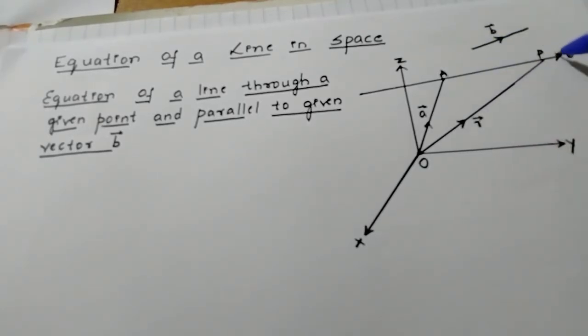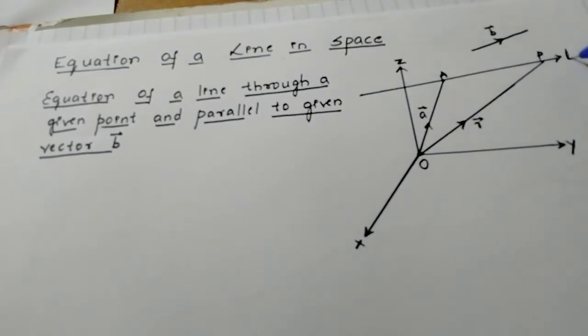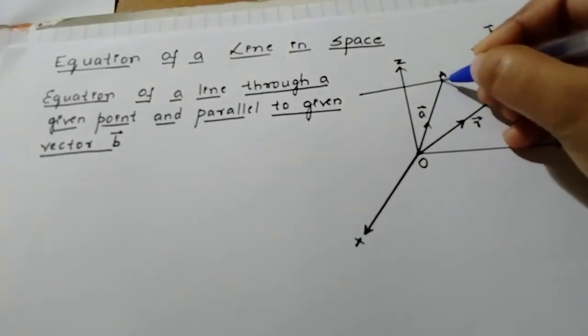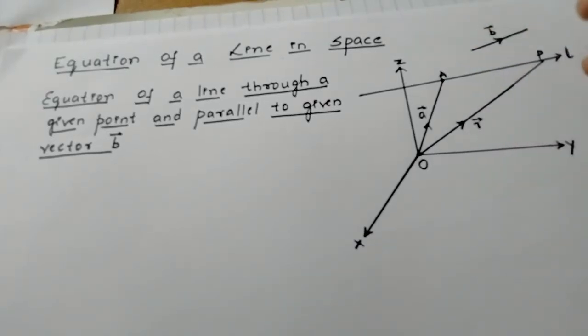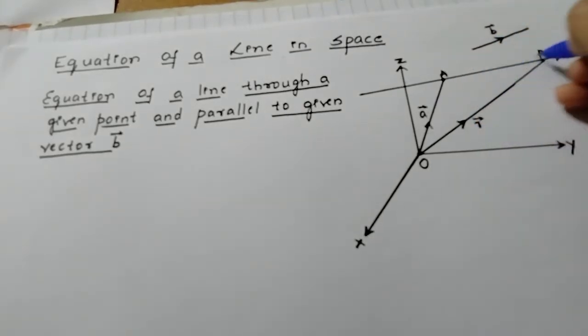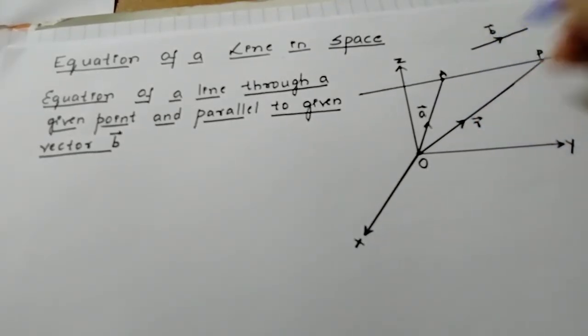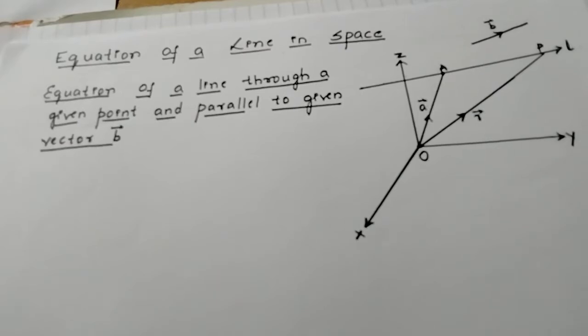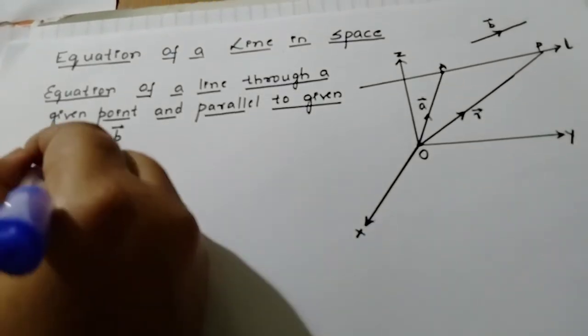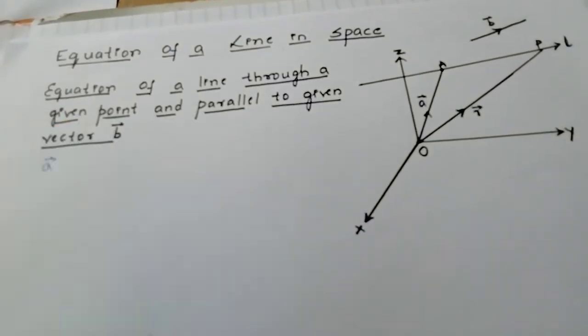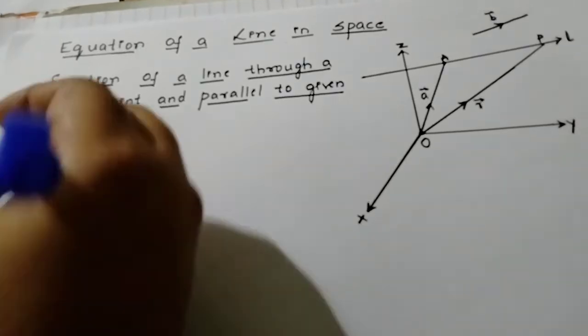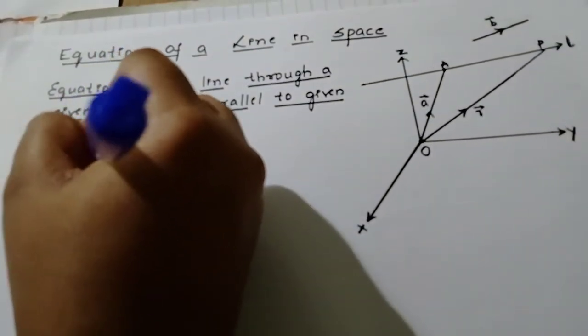L shows a direction, and we are taking one line that should pass through this point A, and it should be parallel to the given vector. First we have taken this vector a. What is vector a?